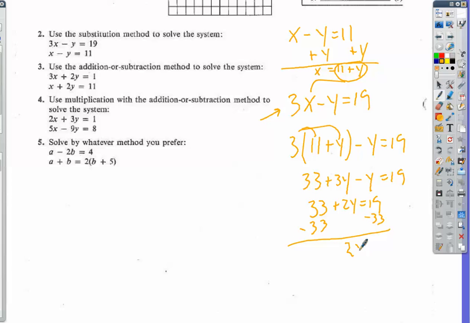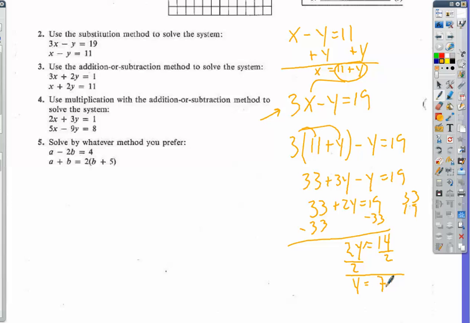So I get 2y is equal to 33 minus 19. The easiest way to do this would be minus 20, so it should be 13, but 19 is one less, so it's going to be 14. So then divide by 2. So we get y is equal to 7.